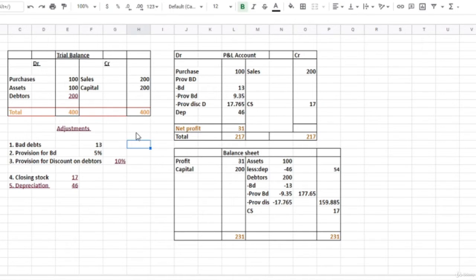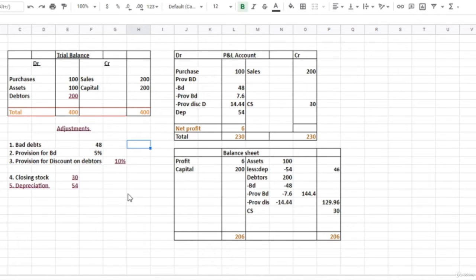Bad debts is changed. Consequently, the provision for bad debts is changing. Provision for discount on debtors is changing. And depreciation is also changing. Closing stock is also changing.